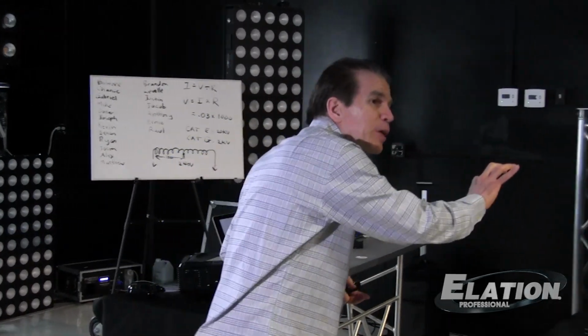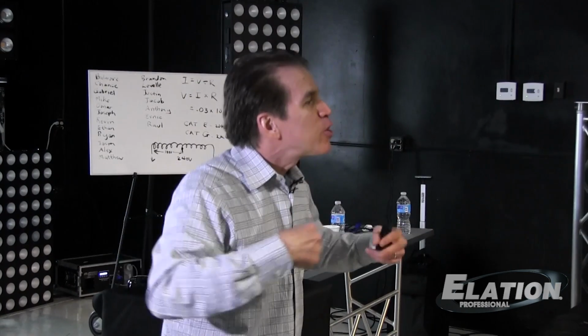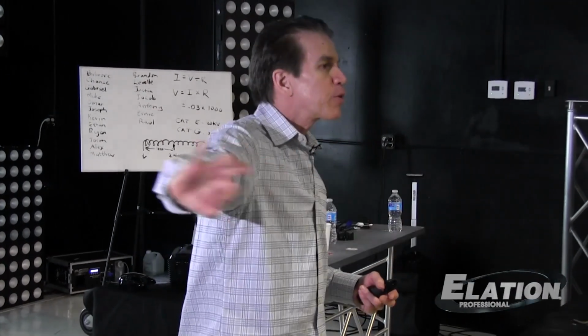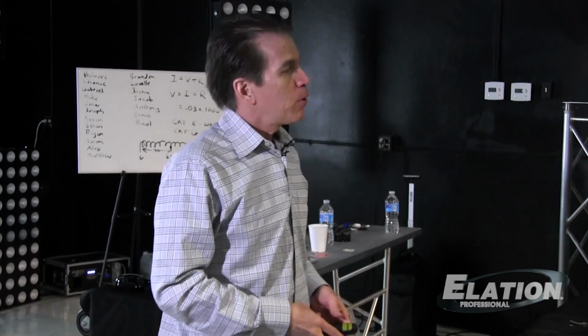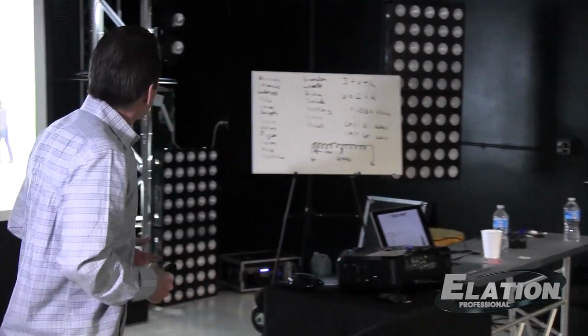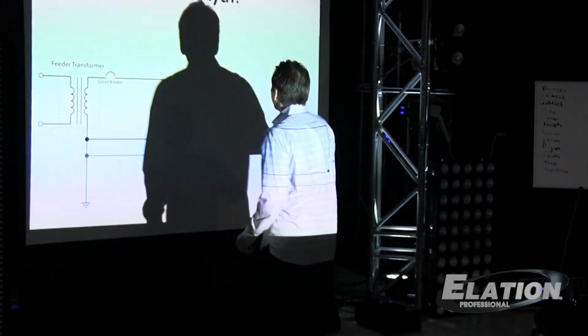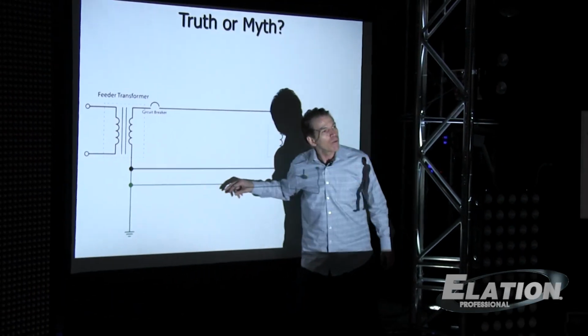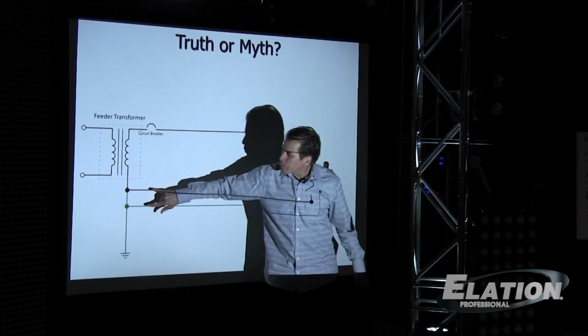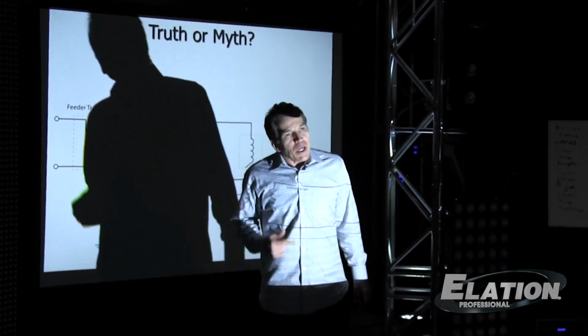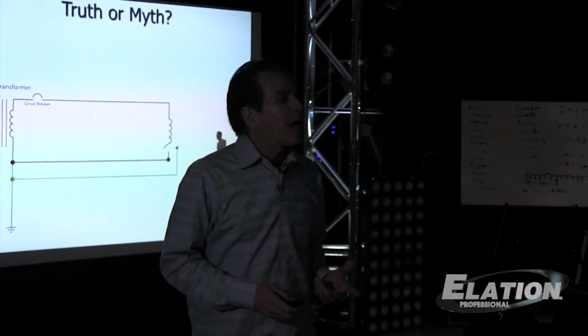So if you run the green wire right next to it, it can induce current into the green wire, and current can start to flow. Then, because current is flowing in the green wire, there's also a voltage drop across the green wire. So if you measure between the two, sometimes you will find a voltage difference.